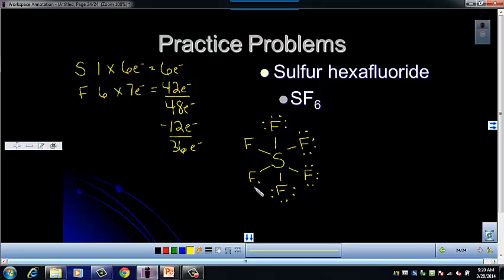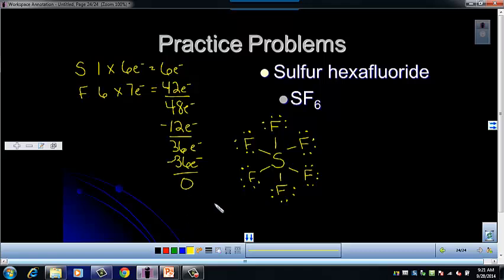Now if we've used 6 electrons on each of those fluorines, then we know that 6 times 6 is 36. So we're going to subtract that from our total electrons, and that leaves us with no electrons.